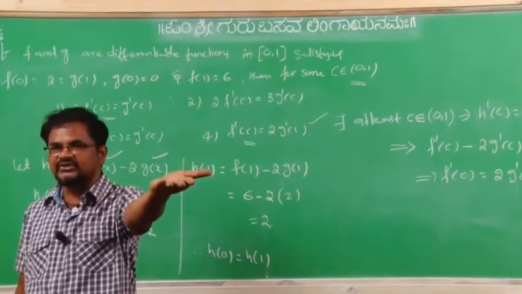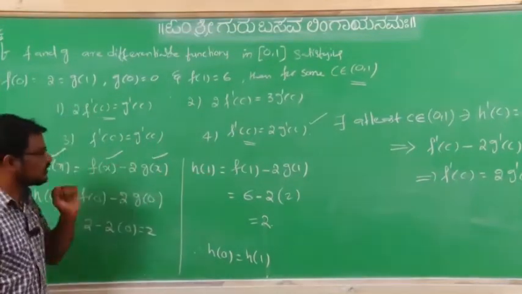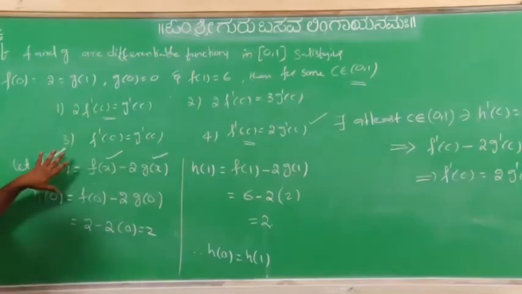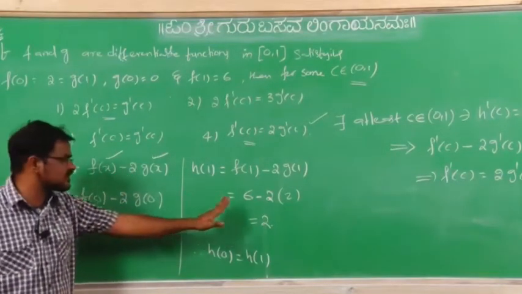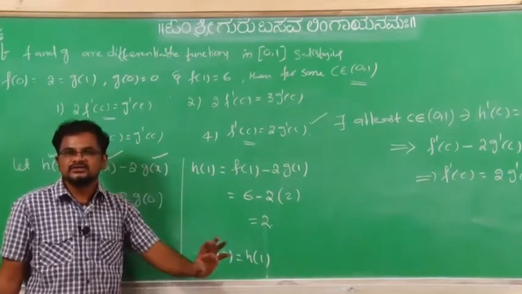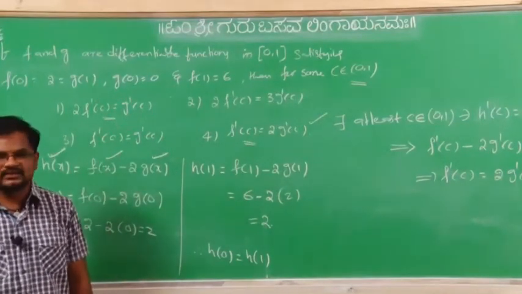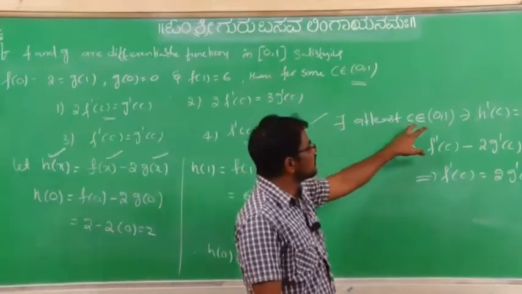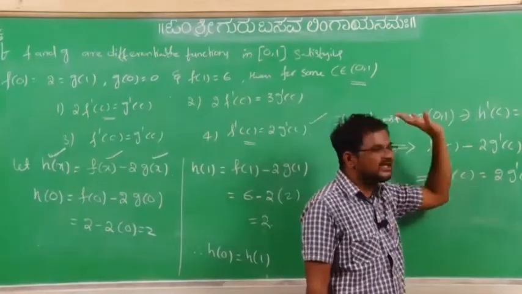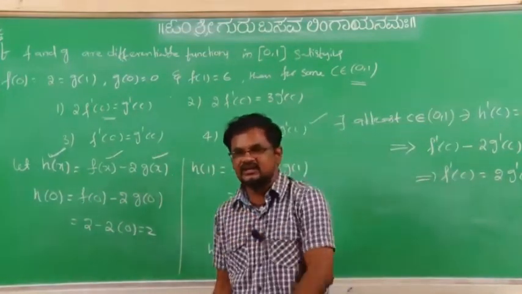Going to Rolle's theorem conditions, h of 0 and h of 1 are both equal, so I apply Rolle's theorem. Then there exists at least one point between 0 and 1 with h dash of c equal to 0, and you will get the required result.